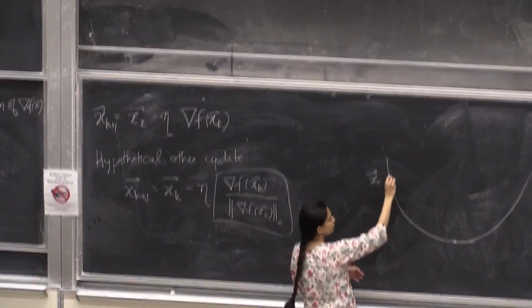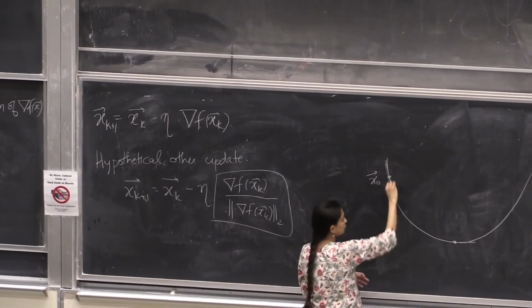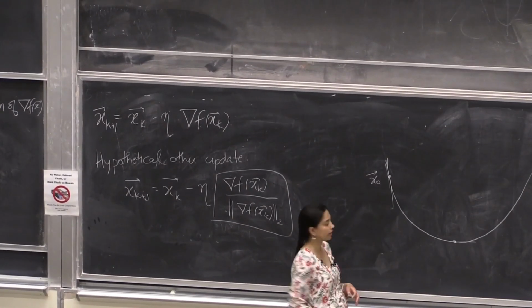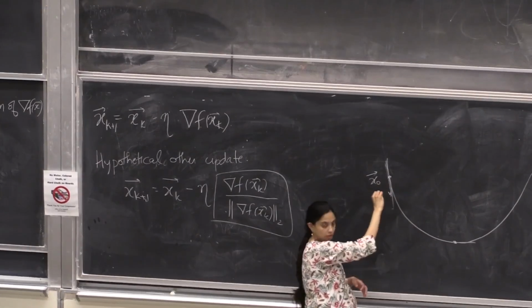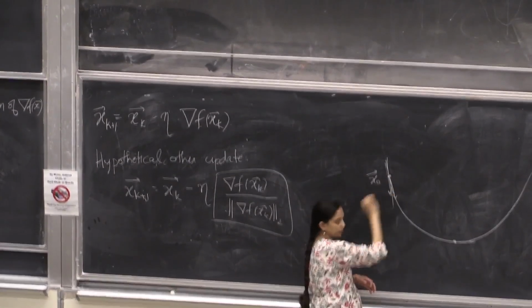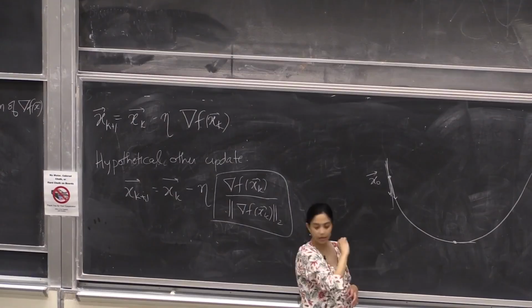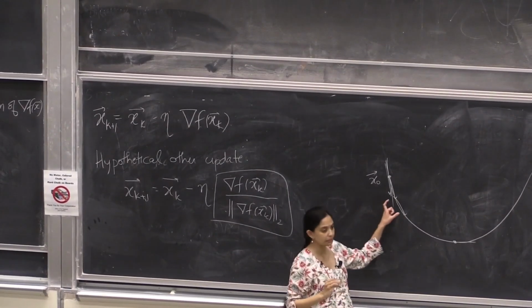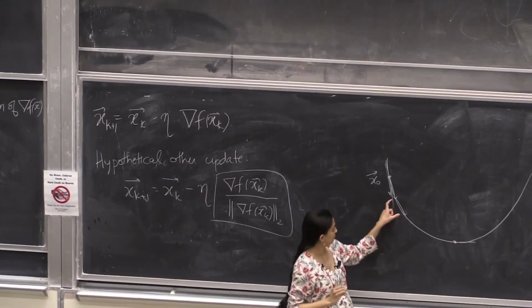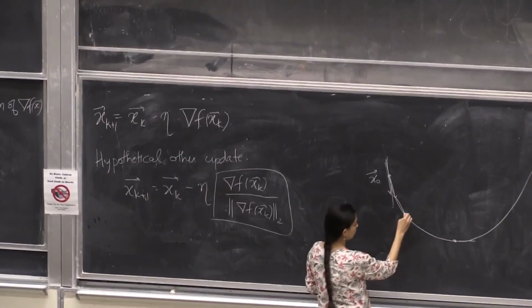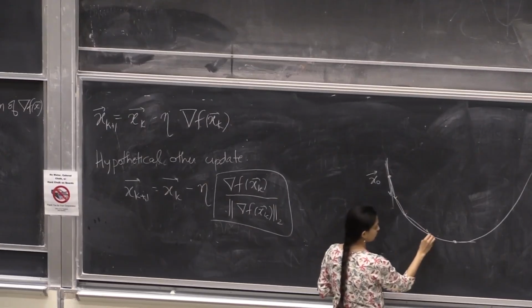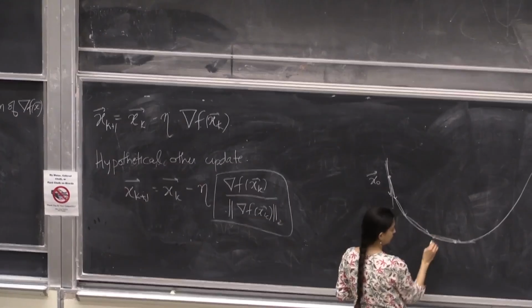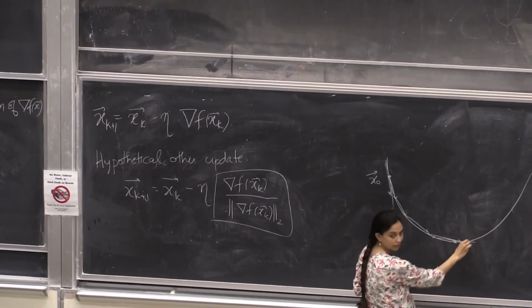This is my tangent line, and my negative gradient is going to point me in this direction. I'm going to take a step like this, which will bring me here. Then I'll take a step like this, which will bring me here. Now, if my step size is always eta, let's say this is eta, I'll come here. Oops, I overshot. I overshot by eta.